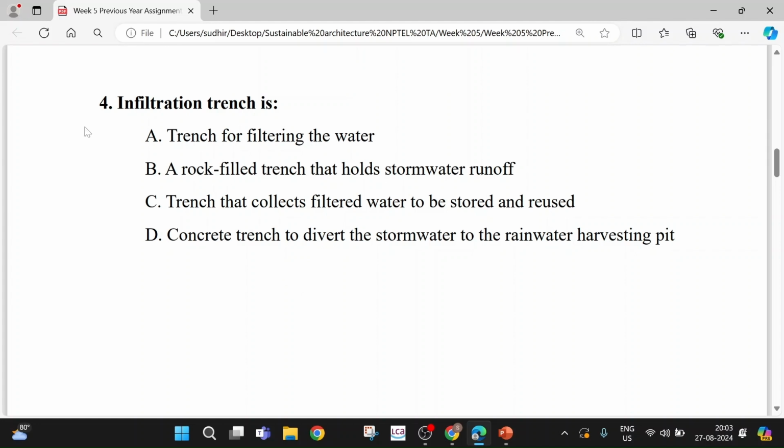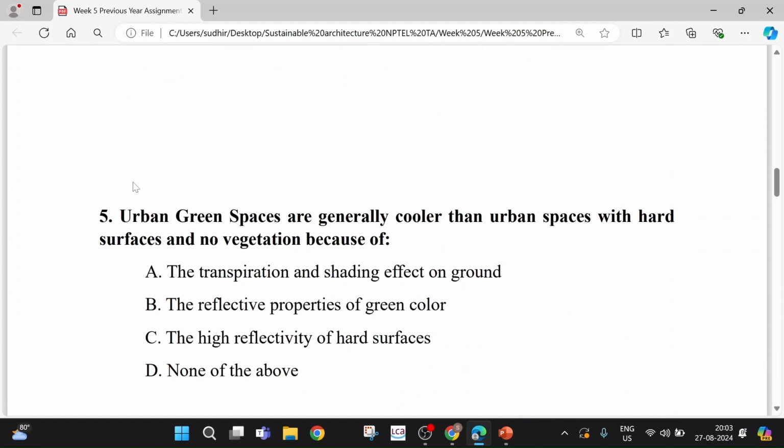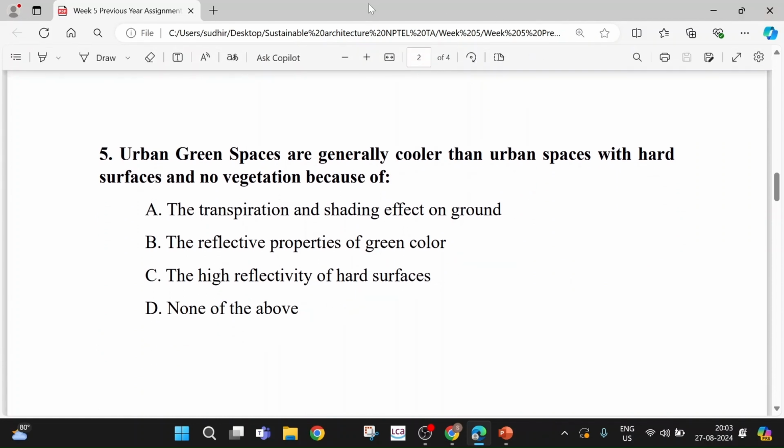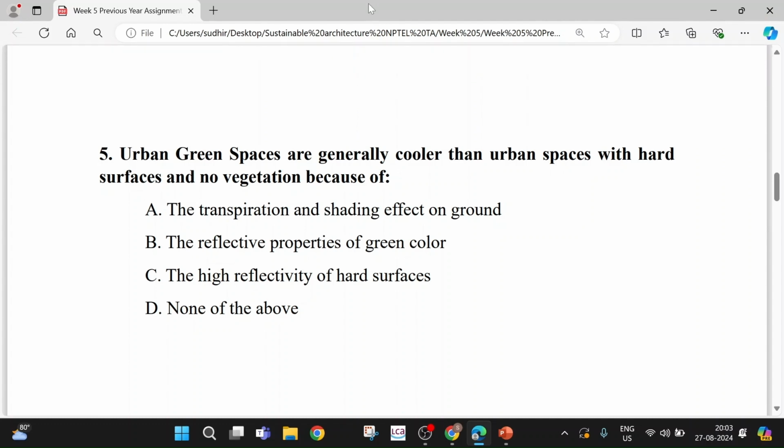Here is the next question, question number 5, that was asked in the previous year assignment. Try to give an answer to this question also, all of you. Urban green spaces are generally cooler than urban spaces with hard surfaces and no vegetation because of.